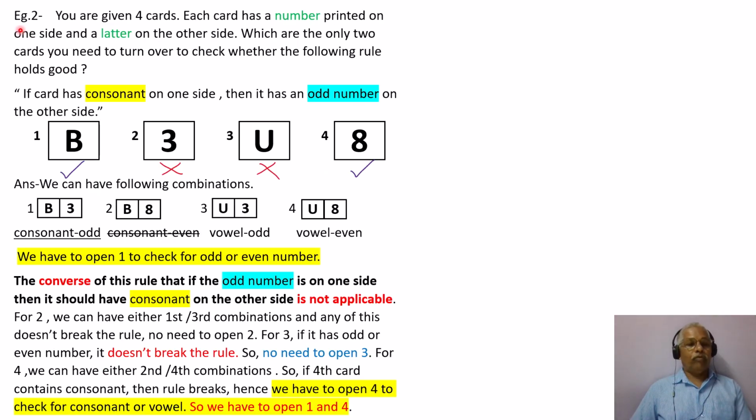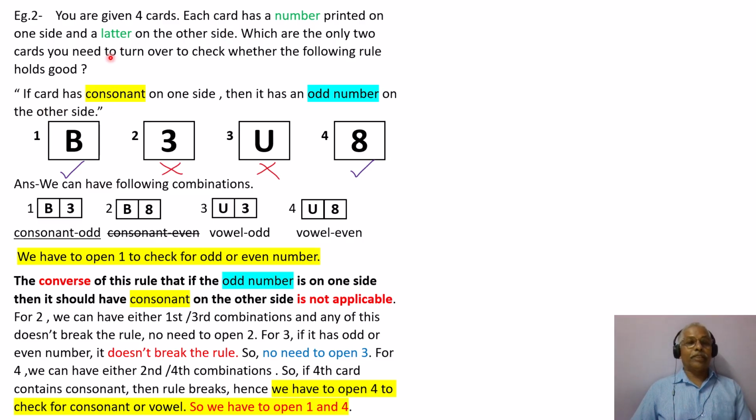Example 2 from book. You are given 4 cards. Each card has a number printed on one side here and a letter on the other side here. Which are the only 2 cards you need to turn over to check whether the following rule holds good? We'll read the rule now.